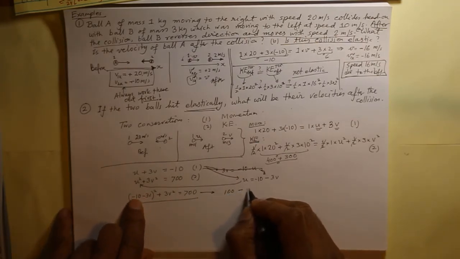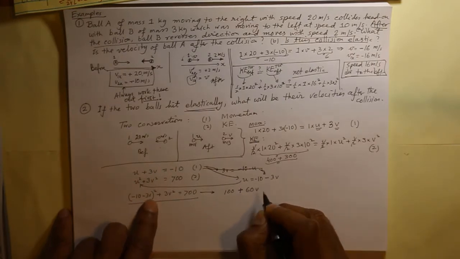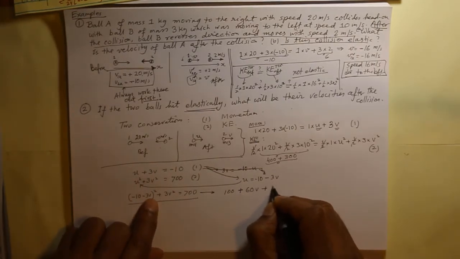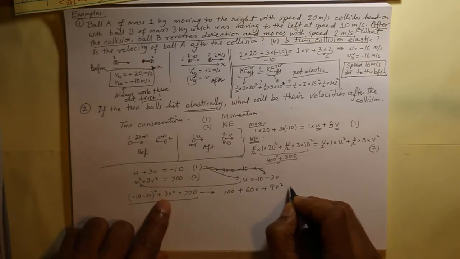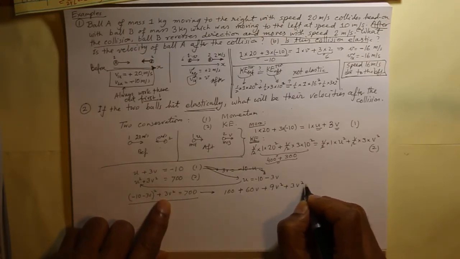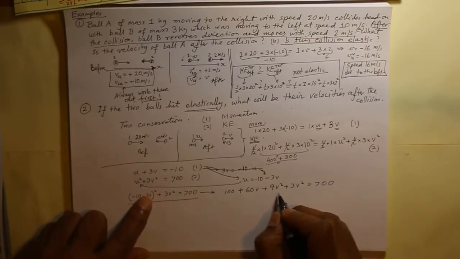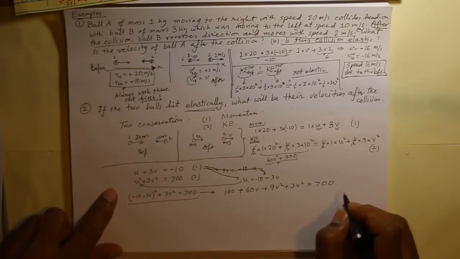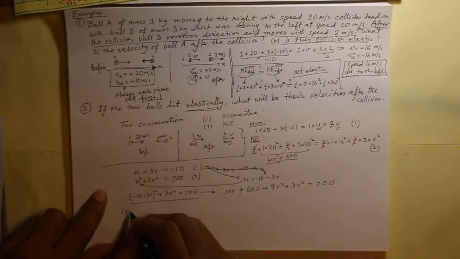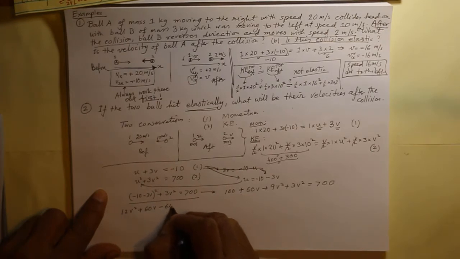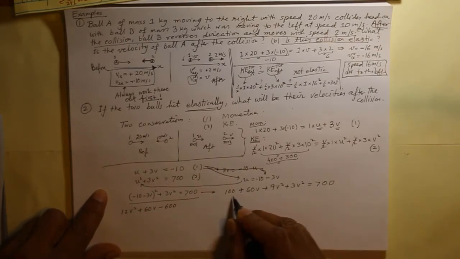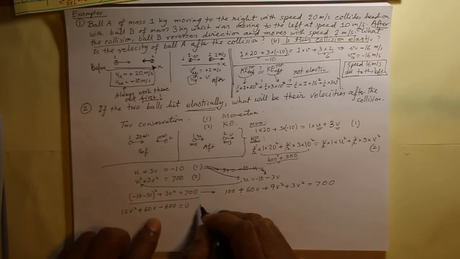That's going to be 100 plus 60v plus 9v squared plus 3v squared equals 700. So these add up, and I get 12v squared plus 60v minus 600. 700 comes over here, 600 equal to 0.